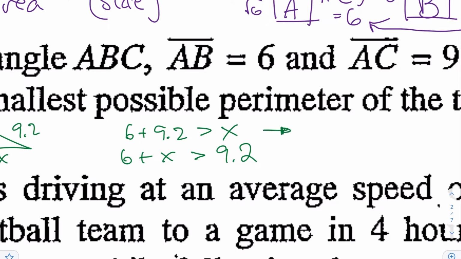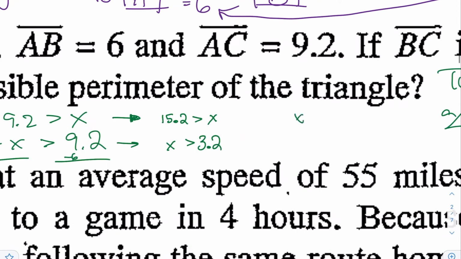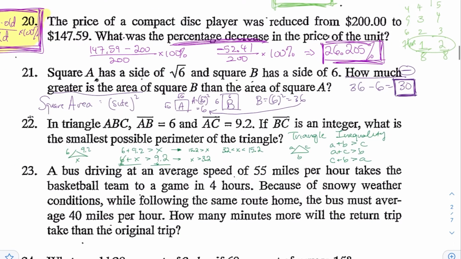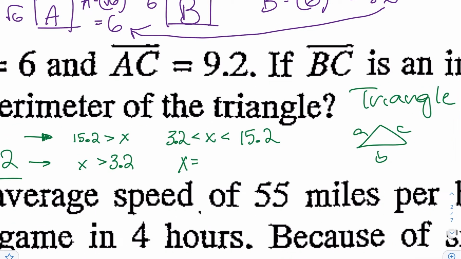For the first inequality, 6 plus 9.2 is 15.2, so x must be less than that. And for the second inequality, we subtract 6 from both sides. You get that x has to be greater than 3.2. So x is anything in between 3.2 and 15.2. So you want the smallest possible integer. That means you want the smallest value for x, which will just be 4, because it has to be a whole number.